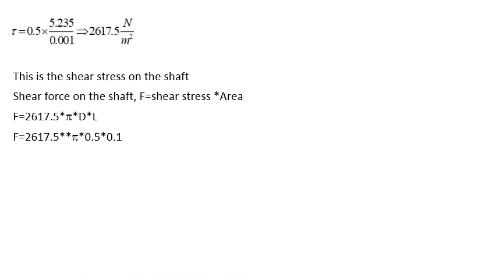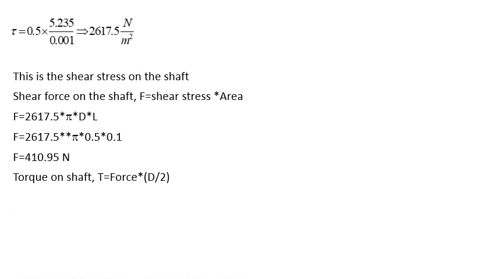Then F is equal to 2617.5 into pi, multiplied with the diameter 0.5 and length of the shaft 0.1 meter. So now the shear force on the shaft is 410.95 newtons.